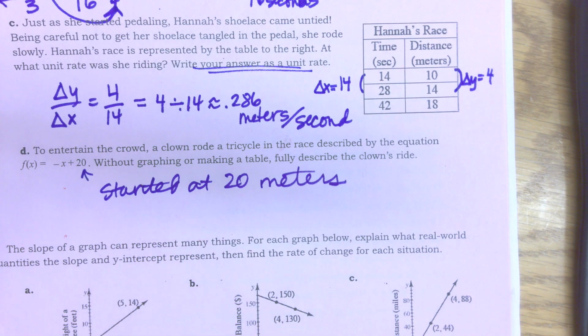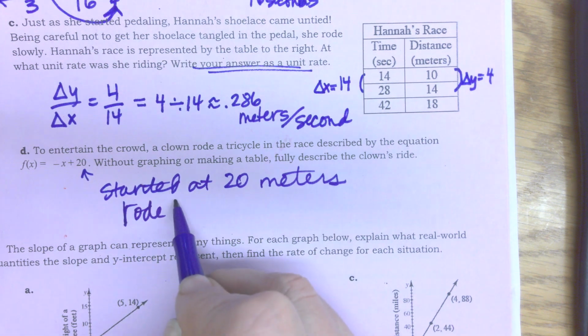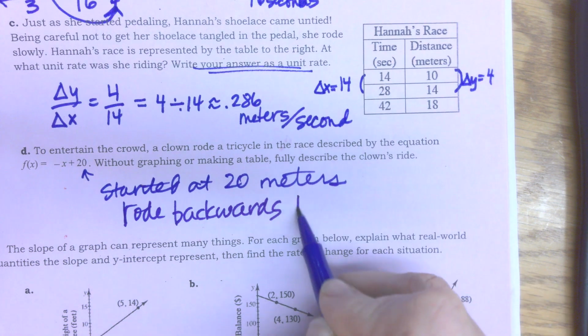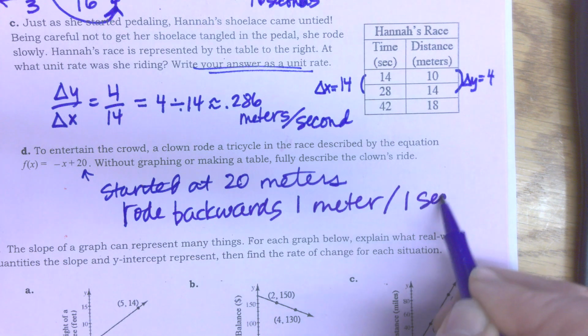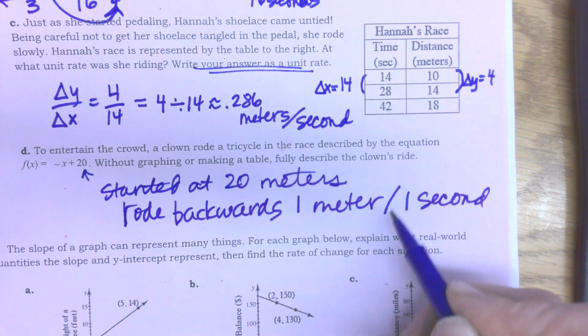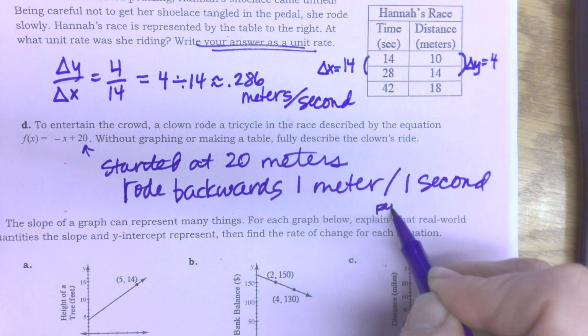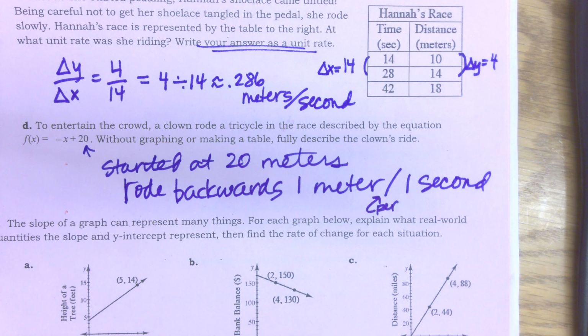He rode backwards 1 meter per second. Do you guys see this slash that I put here? Yeah, that means per. And when we talk about slope, that's kind of what we're talking about here.